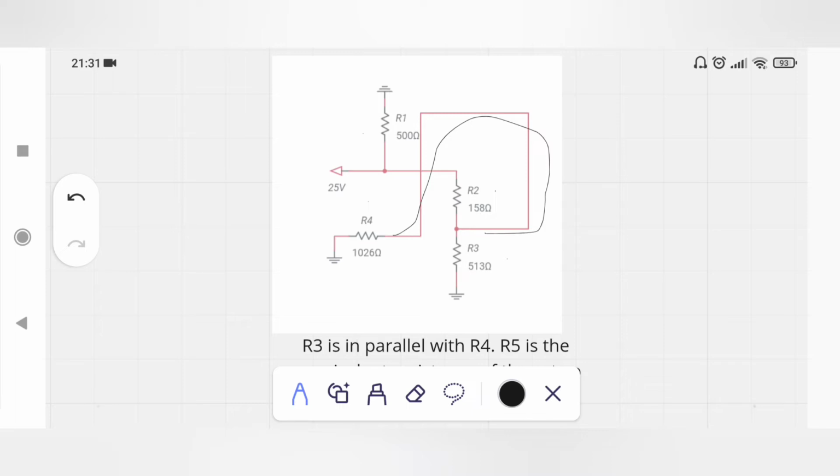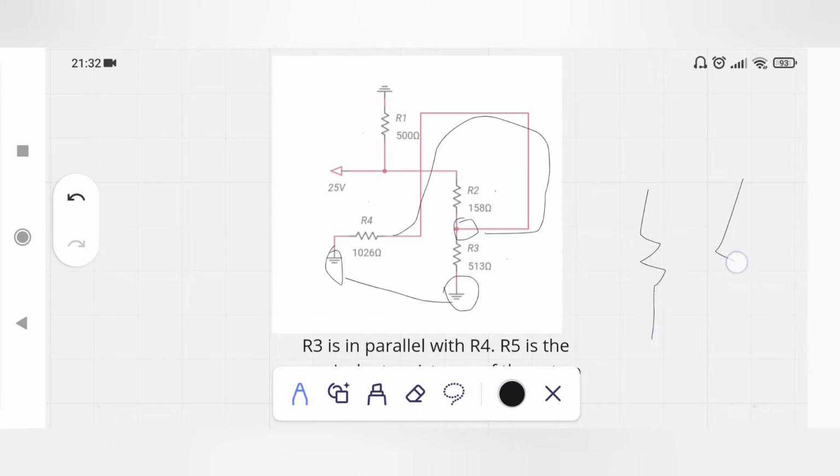R4 is in parallel with R3 because they share the same two nodes. That is, this node is common between its terminal, and the second terminal is grounded. Both are grounded, so they are in parallel. Replace them with a single resistor. It can be redrawn like this.